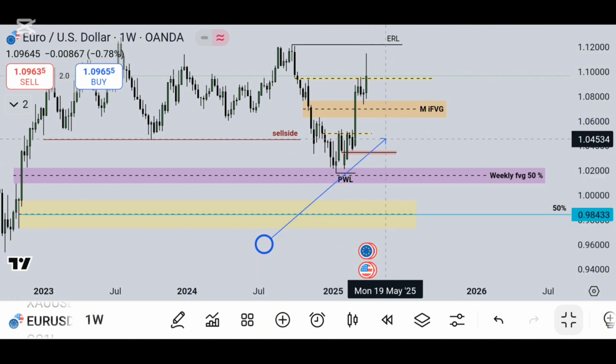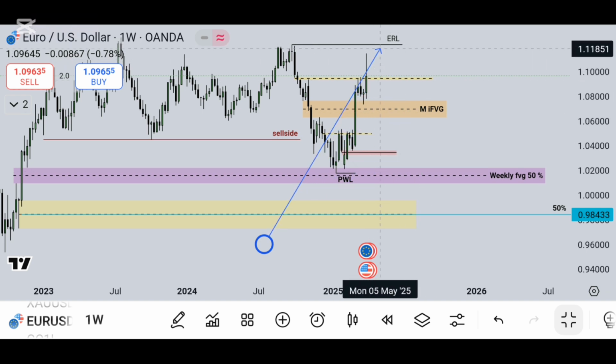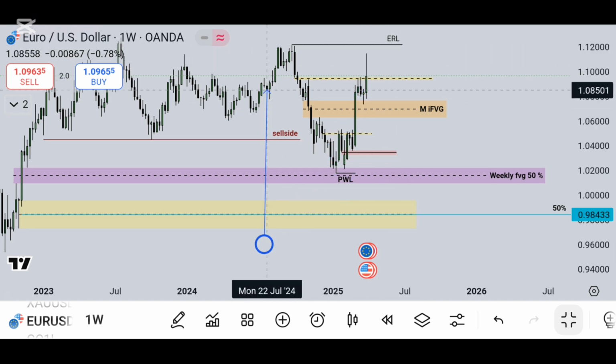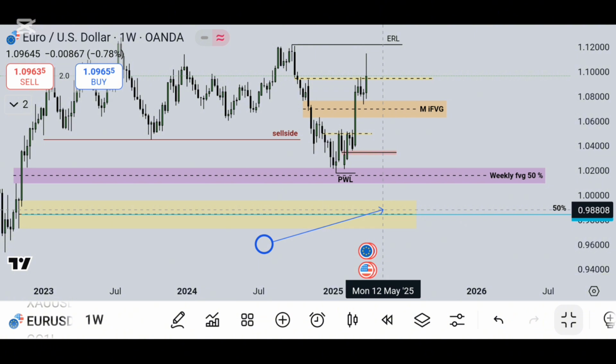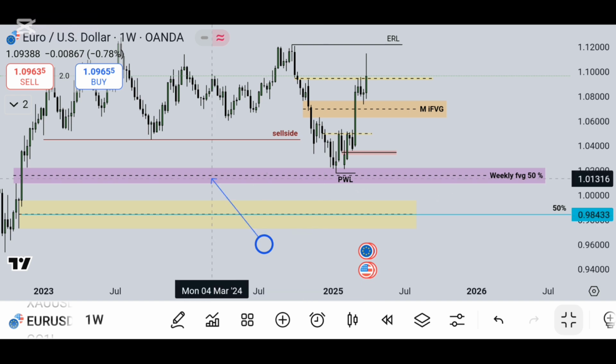As you can see, I anticipated this external range liquidity to get taken out, since price was coming from this weekly FVG, and you can see how it respected the consequent encroachment of this weekly FVG, right?